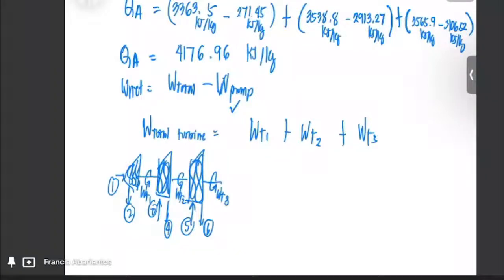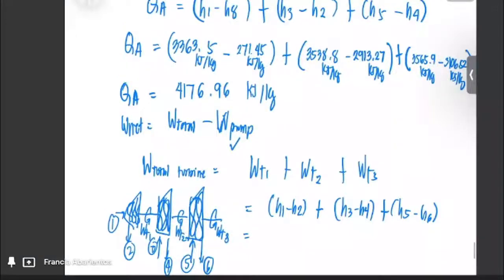Okay? So turbine 1, we have H1 minus H2. Sa turbinang pangalawa, we have entering H3 minus H4, entering H5 minus H6. So, computing for the work of the turbine, ito na, hindi na tayo tataas masyado.